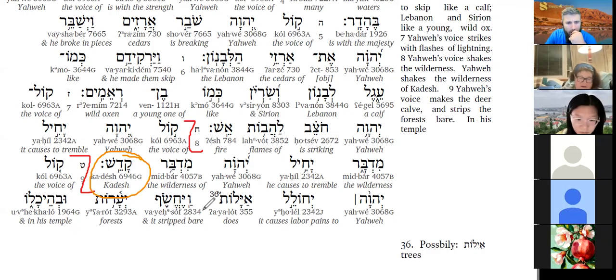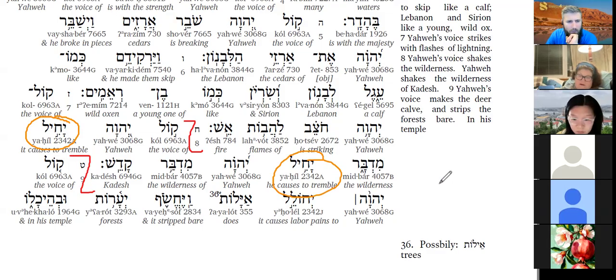It's a place, right? Midbar Kadesh must be a holy place. And Kol Adonai yachil. It looks like a hif'il. It's translated as tremble. What do you think the root might be? Is it Chet Yod Lamed or Yod Chet Lamed?